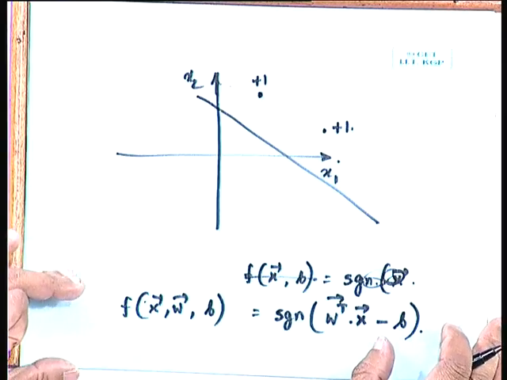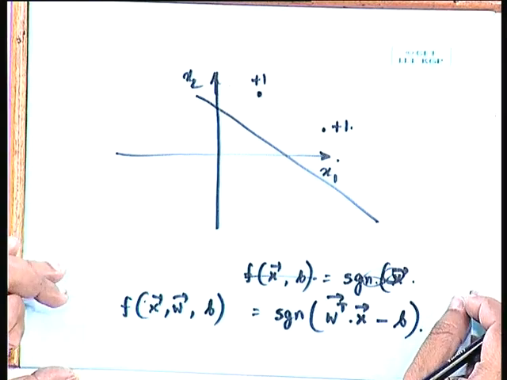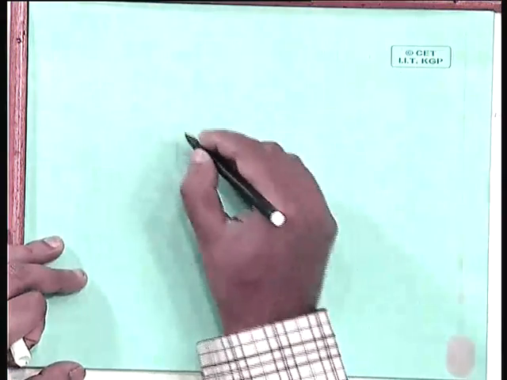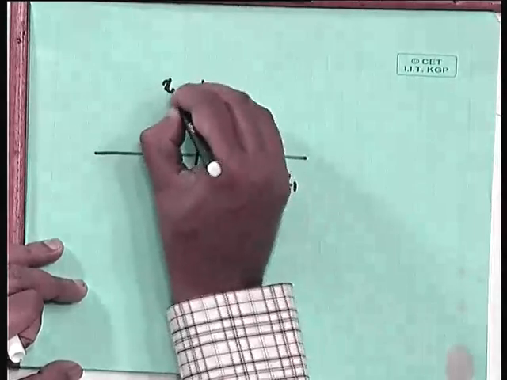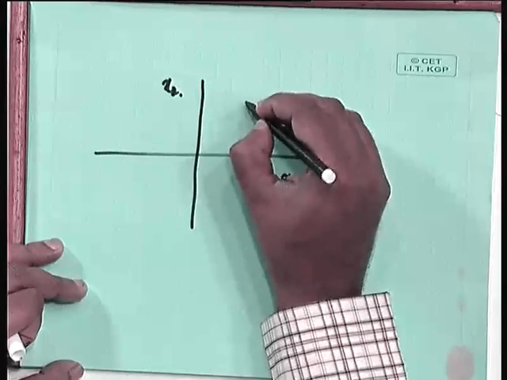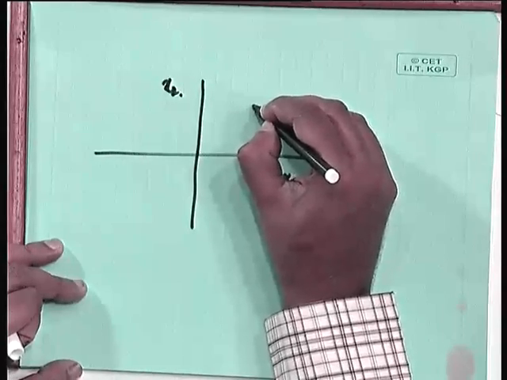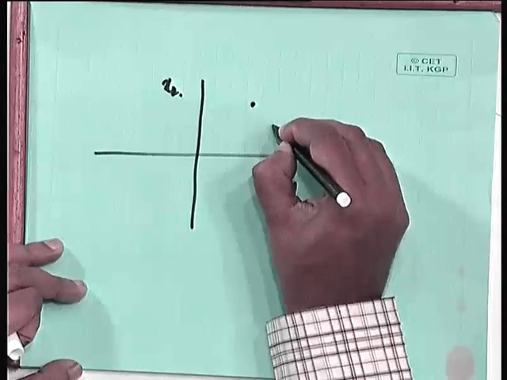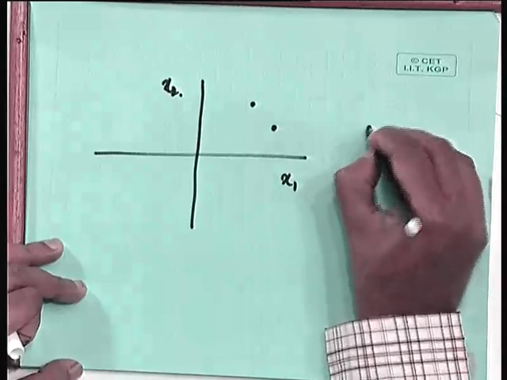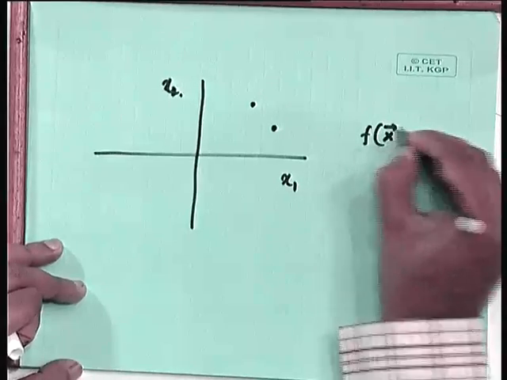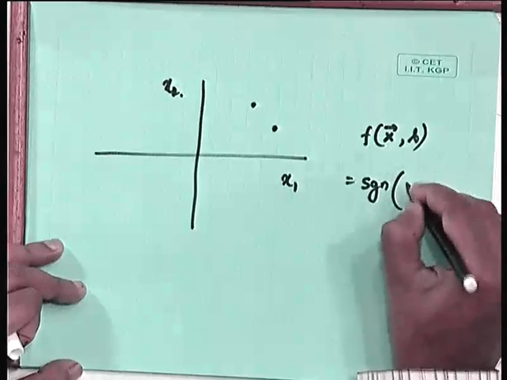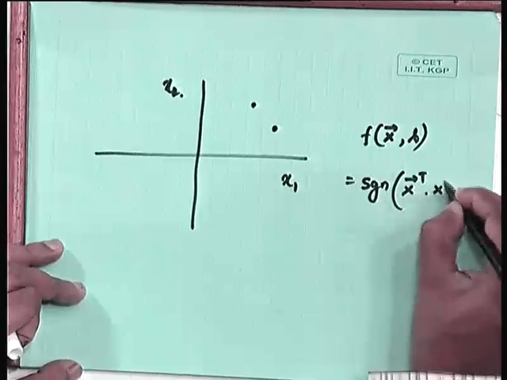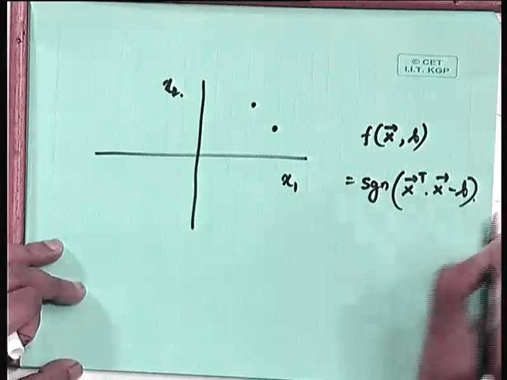Now, let us take the quadratic function, the circular function as we had taken. Let us consider again the x1 x2 space, and we take 2 points, 1 point here and 1 point here, and we consider the function f of x comma b, defined as signum of x transpose x minus b.